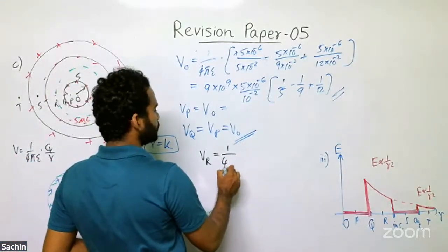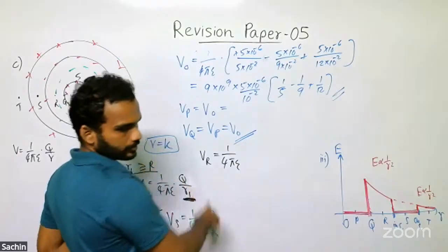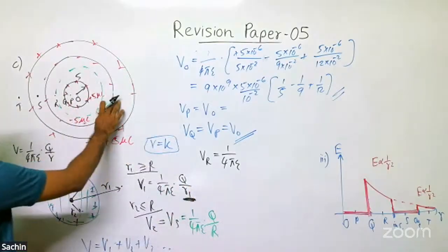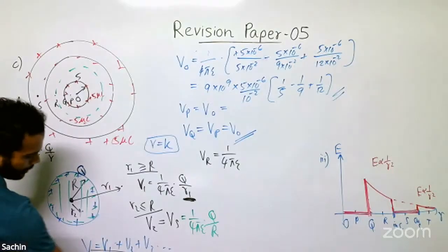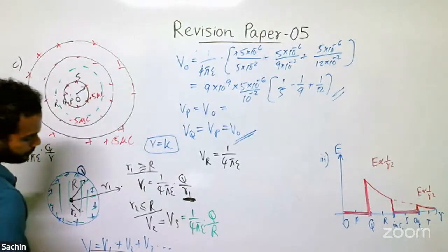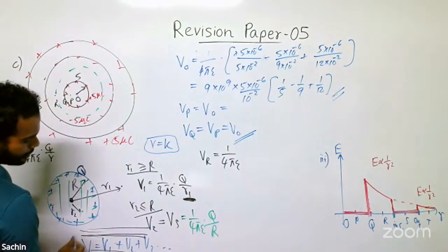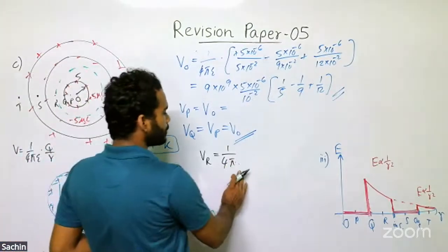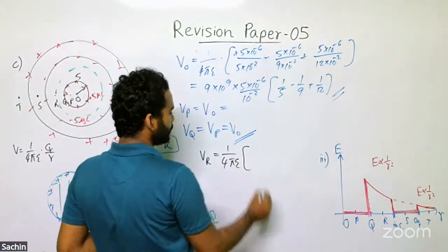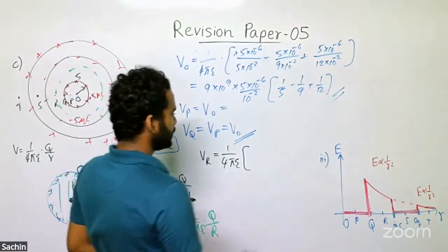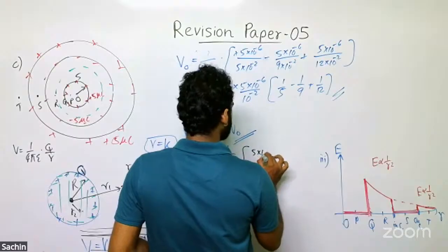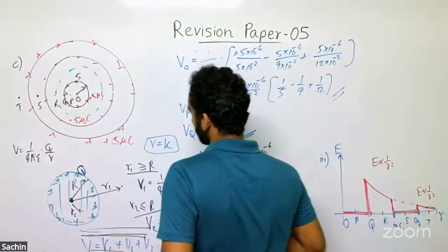And the total potential: there are three charge distributions here, and you can add up the results from all three separately. So 1 over 4 pi epsilon is common, so I write that first. So the result by this inner charge: when you consider the inner charge, you have to consider the distance to the point.